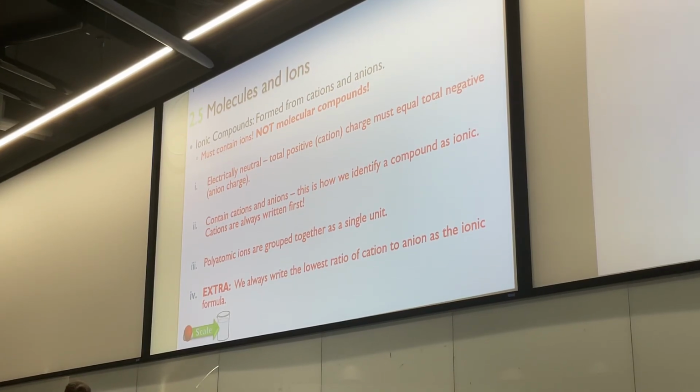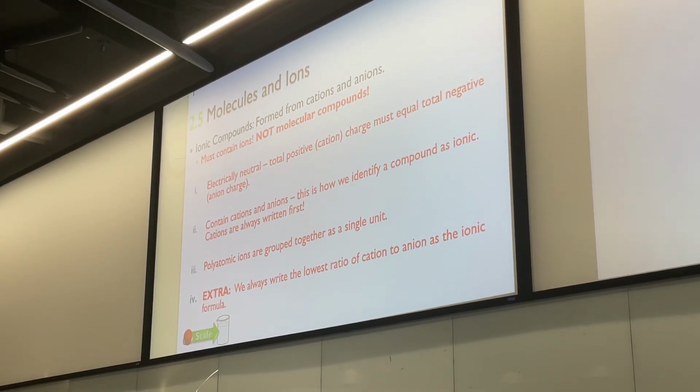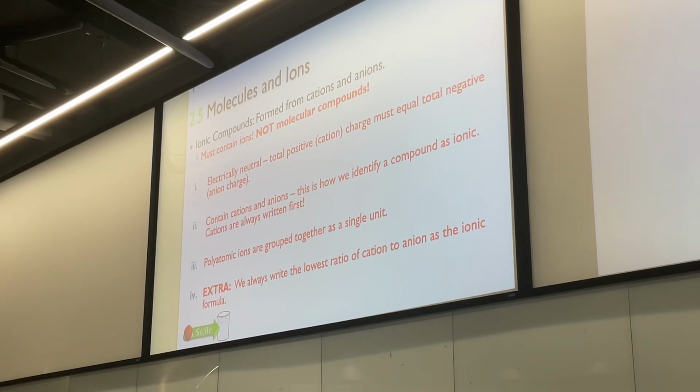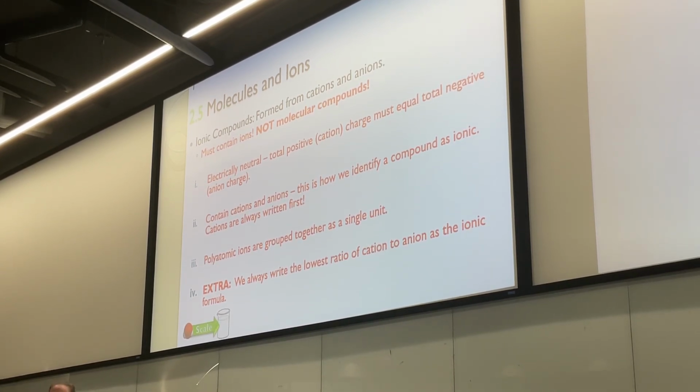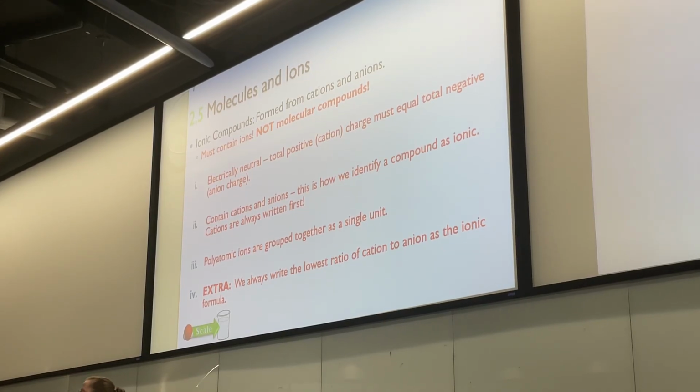And the extra I wrote, you don't have really a bullet point for. We always write the lowest ratio of cation to anion as the ionic formula. We just talked about it, but I wanted to have it all in one place. Again, you need to know your ions to be able to recognize something as ionic, which if you watch the video, you see that there's a different naming system in something ionic versus molecular.